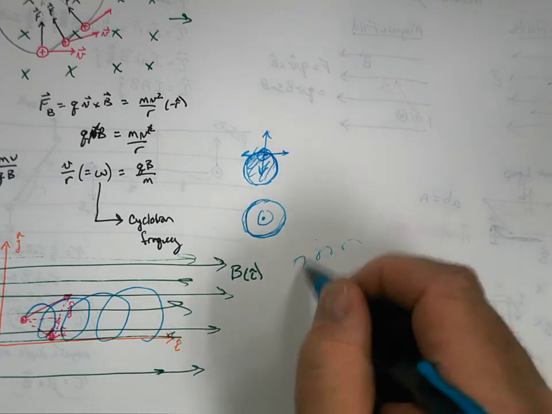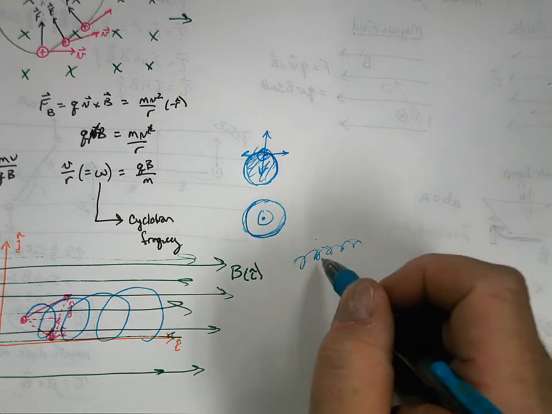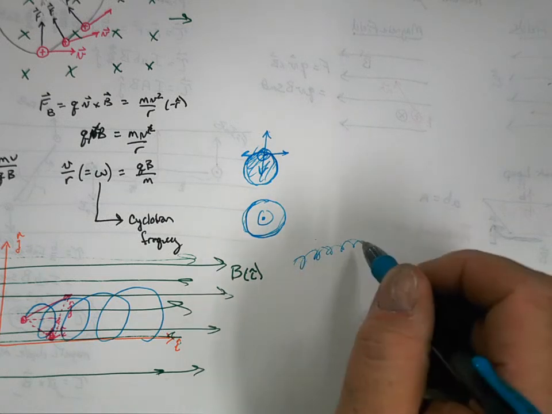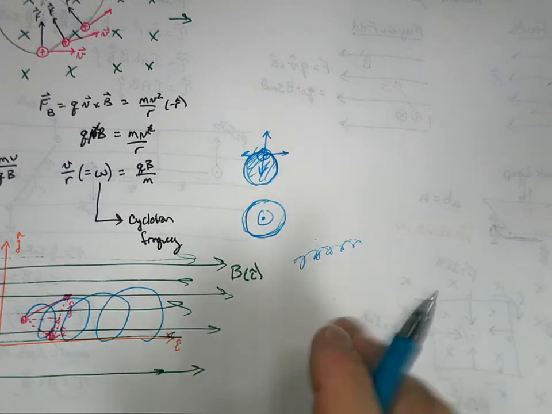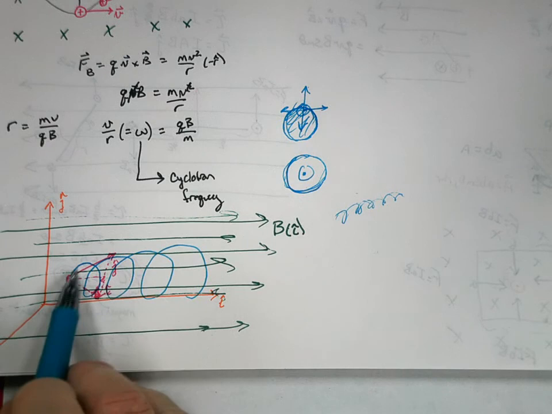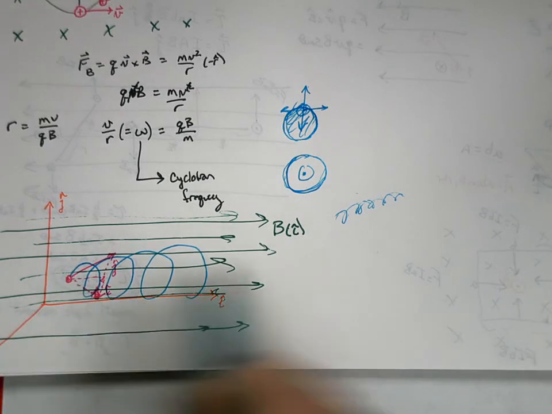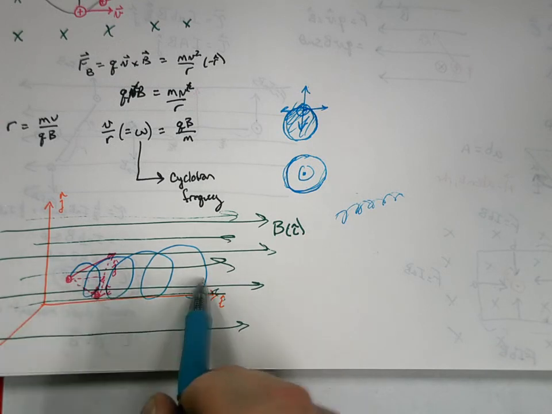In fact, you'll see some of them that look like that, and that's because their path, or a large part of it, was in the plane of the bubble chamber, and so we get this spiraling through our magnetic field. The component of the velocity that's in the direction of the magnetic field doesn't change, and so it travels in a straight line there.